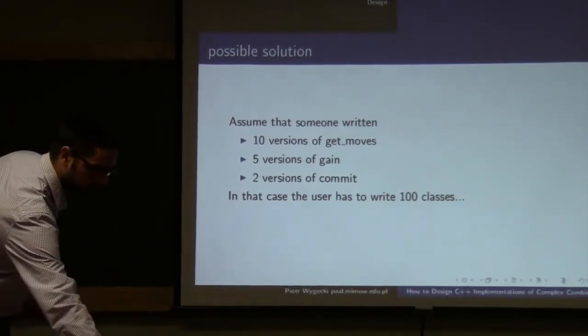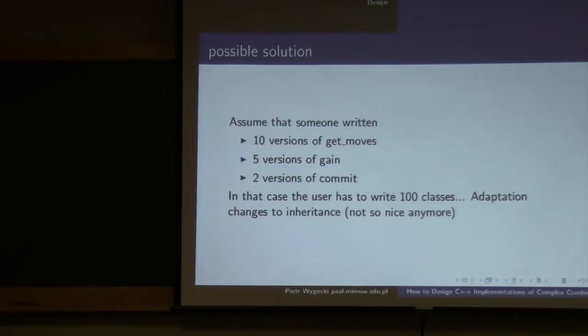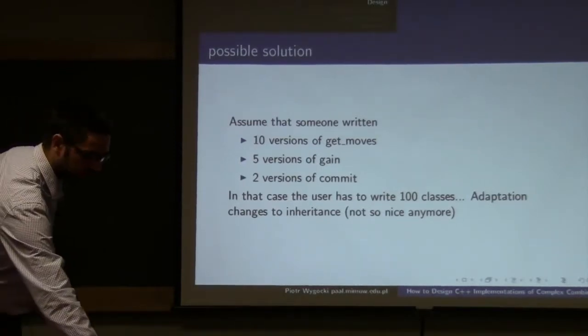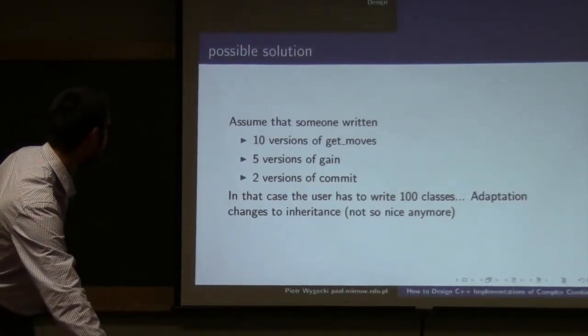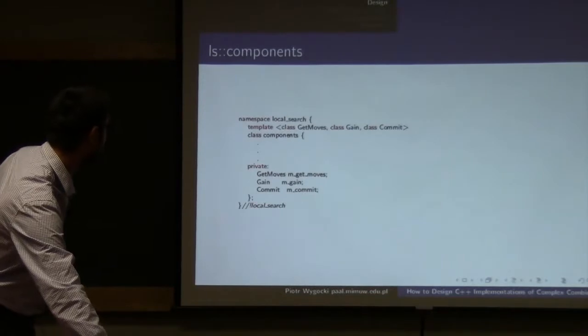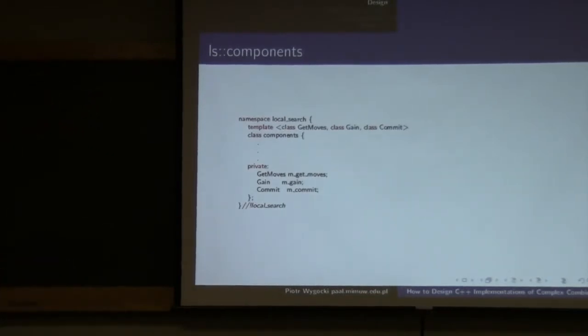And also, adaptation, our way of extending the library, changes to inheritance, and this is creepy actually, and we don't like it. We like the previous version, so we don't want an object-oriented interface. So what can we do? The first idea is to group them together in one class, but not as member functions.